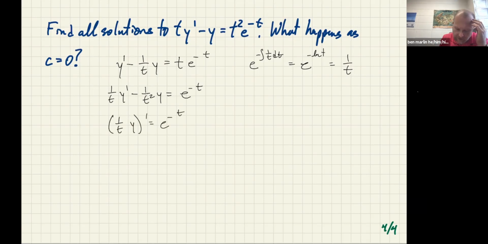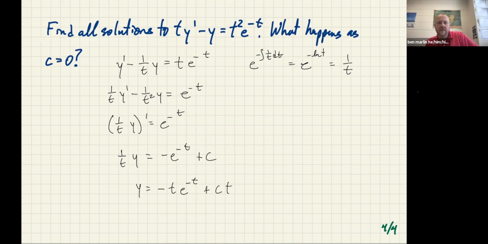And we integrate both sides, and 1 over t y is equal to minus e to the minus t plus c. Then when you multiply both sides by the t, you end up with y equals minus t e to the minus t plus ct. All right. So do we have an initial condition?